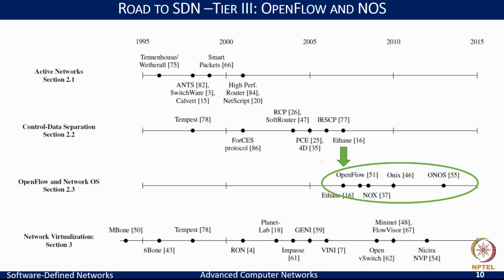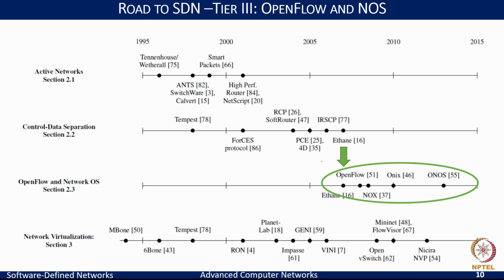And the most fundamental work in this is Ethane, which was published, I think, around 2007, and it in fact was influenced by the 4D project from AT&T. And this Ethane brings the vision to life, wherein we want to concretize several important aspects like how to boot up, what the registration, policy setup, and deployment aspects of networking devices like routers and switches are.